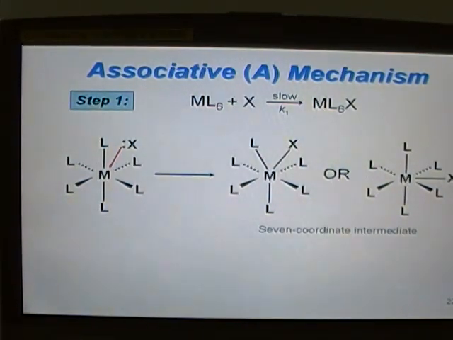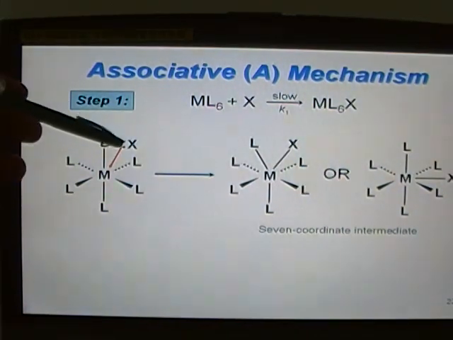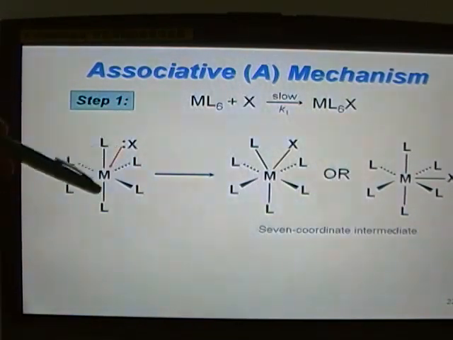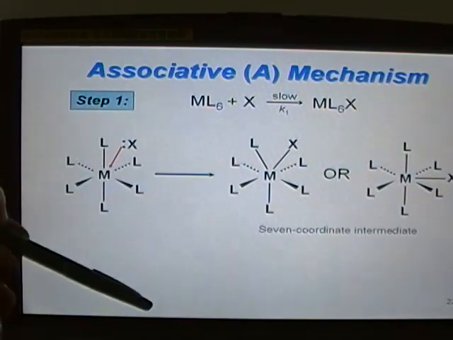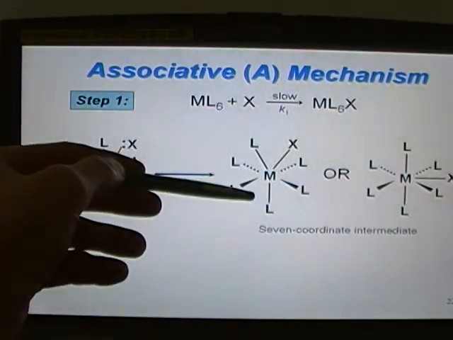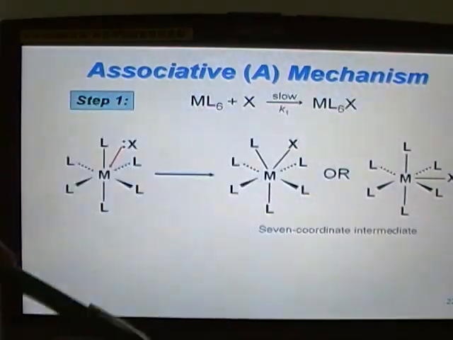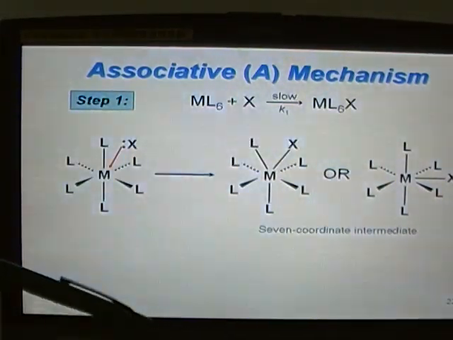Step 1 is the slow step. You have the new ligand come into the compound that has 6 ligands around it already and form another coordinate covalent bond, forming one of 2 7-coordinate intermediates.